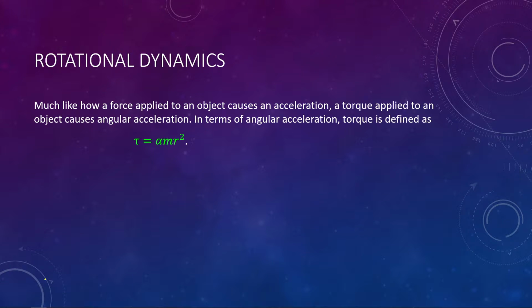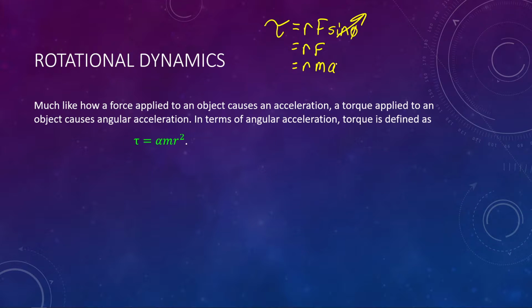So to see where this equation comes from, let's take a look at our definition of torque from our previous lecture. Torque is given by r F sine of phi. Now, in this case, we're looking at the tangential component of this acceleration, so sine of phi is a 90-degree angle. Sine of 90 is just 1, so this is really just r times F. So we have torque equals rF, but we know from Newton's second law that force is ma.